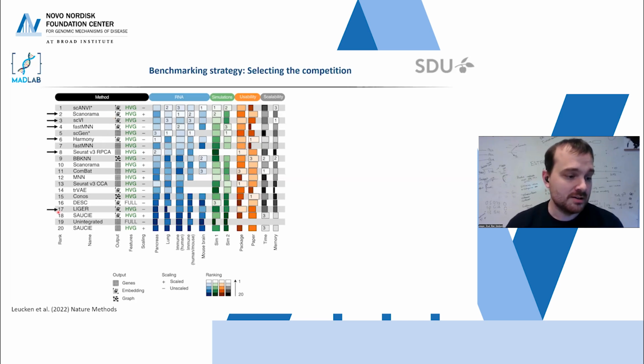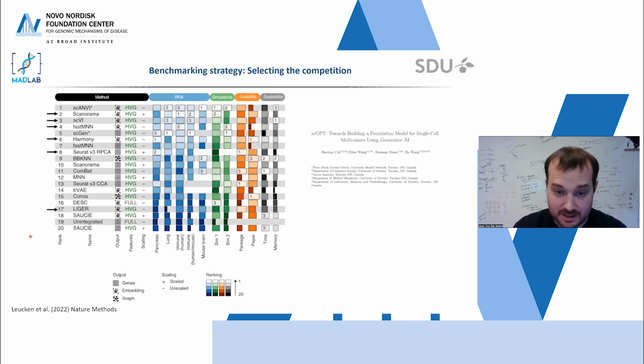And we also spiked in Leica here, which is similar to our method in the sense that it is NNF-based and interpretable. And finally, we also included a recent foundational model for single-cell RNA sequencing, scGPT, which we transfer learned to do batch correction and evaluated in the same framework. So that was selecting the competition.